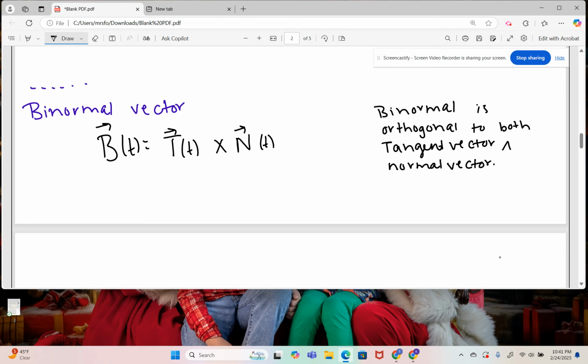And I'm going to put, that means perpendicular, which is orthogonal.